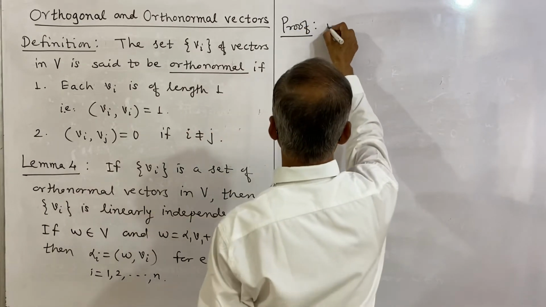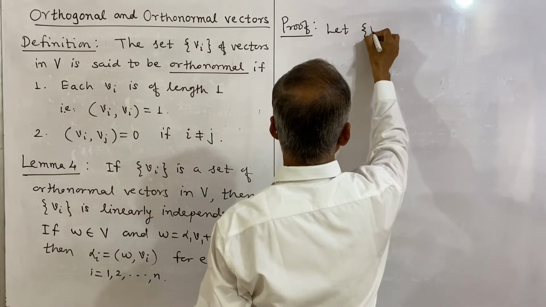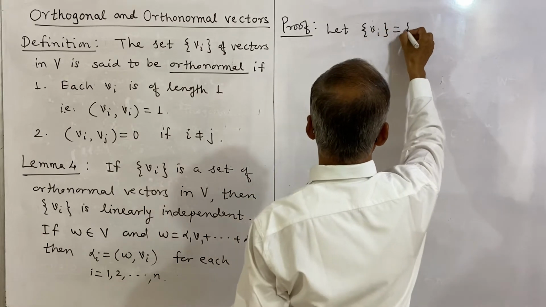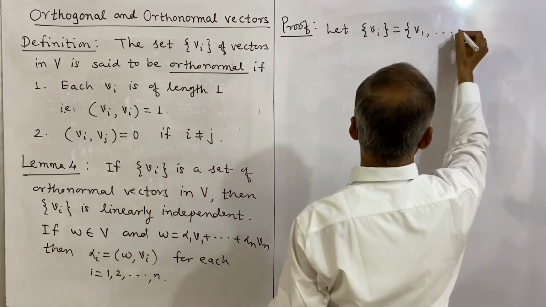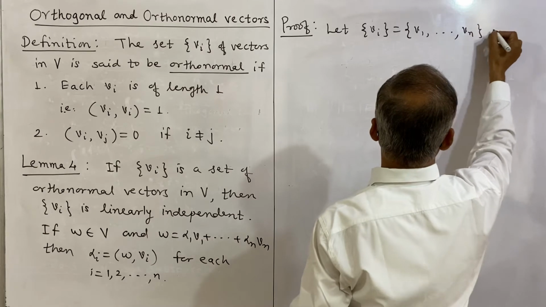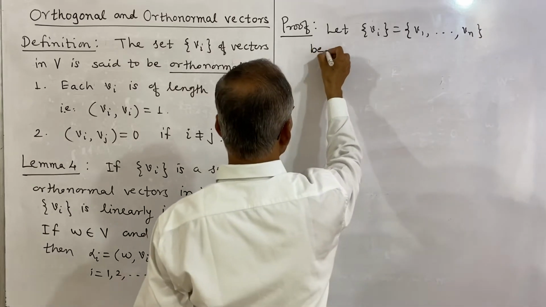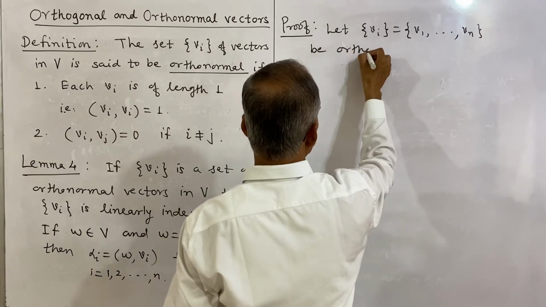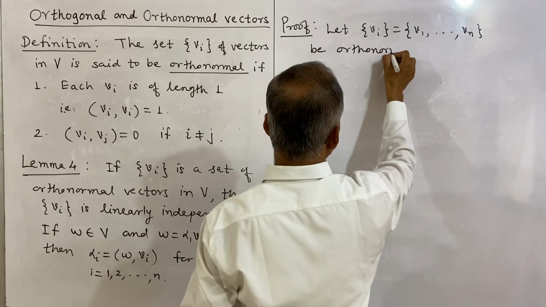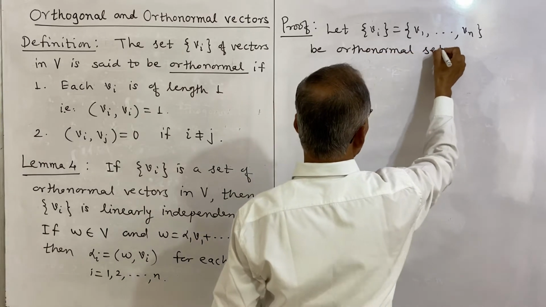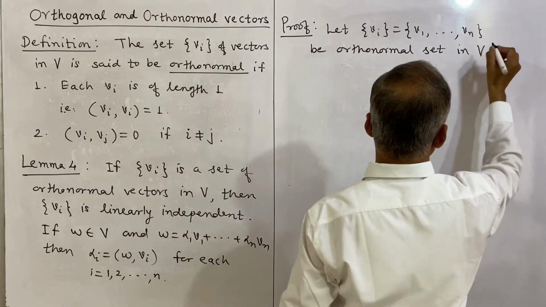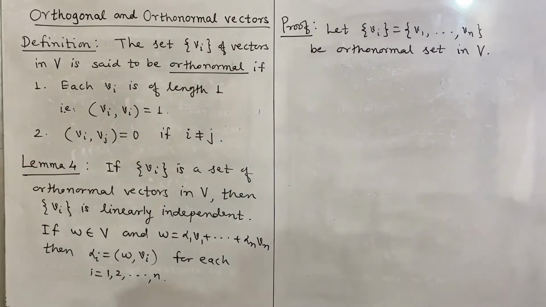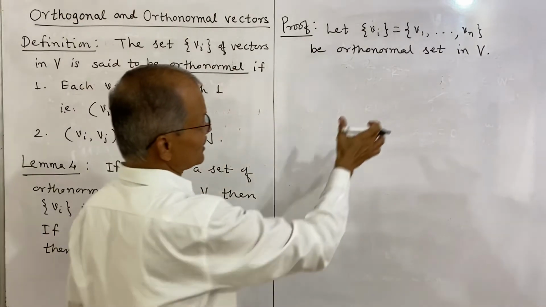Let this set, v1 up to vn, be an orthonormal set in the vector space V. Now we shall consider a combination of these vectors.